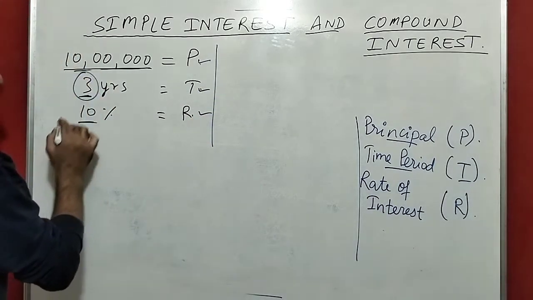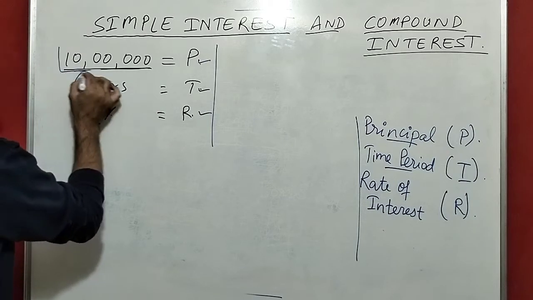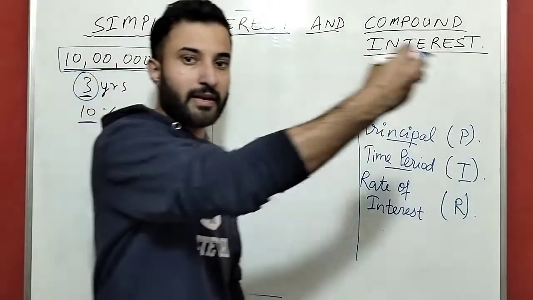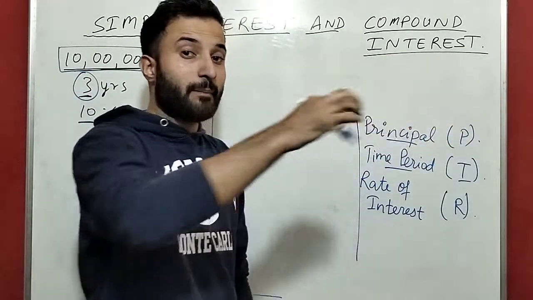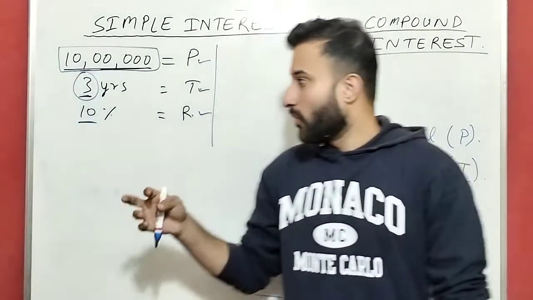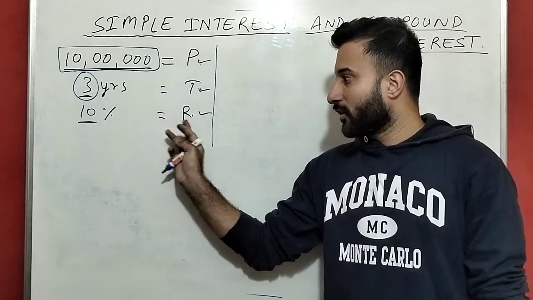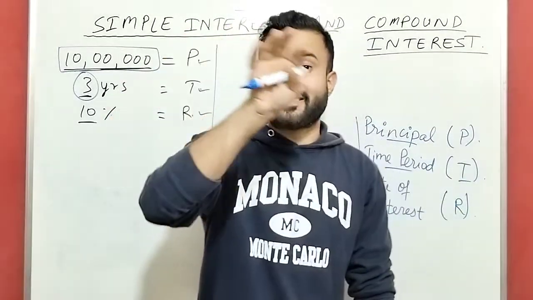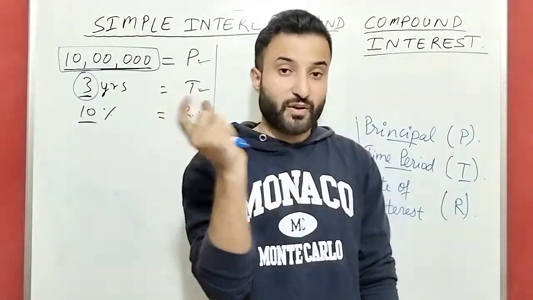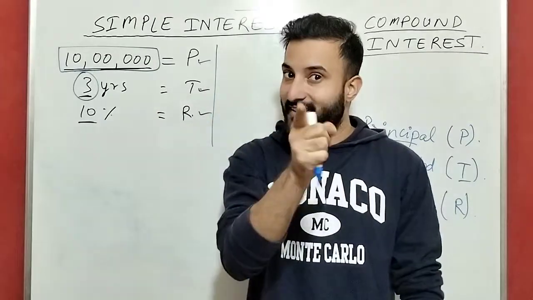After 3 years, I will return the 10 lakh rupees to the bank, but the bank will not accept only the 10 lakh rupees. According to this rate of interest, you have to pay the extra charge. That extra charge is the interest.